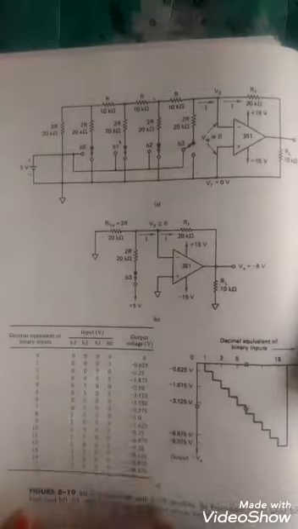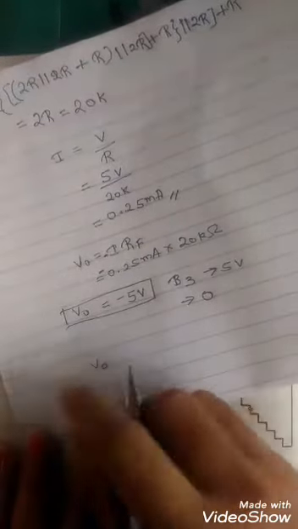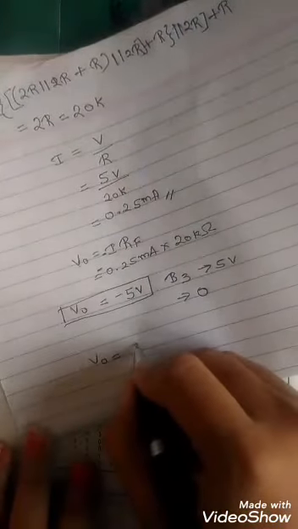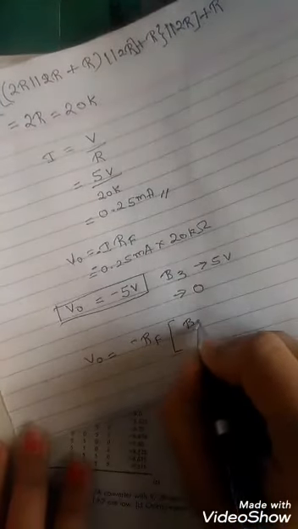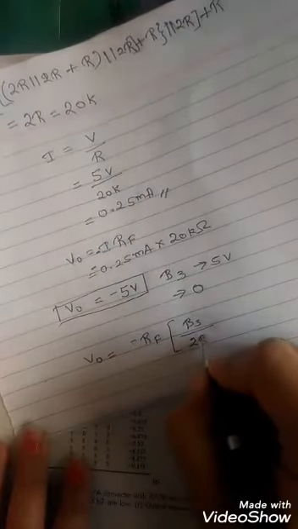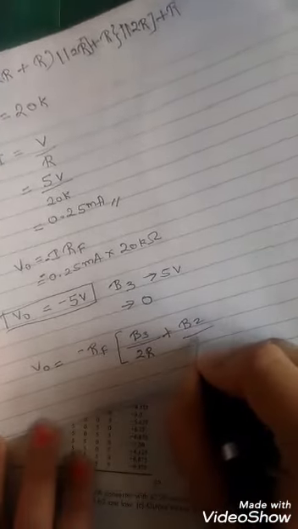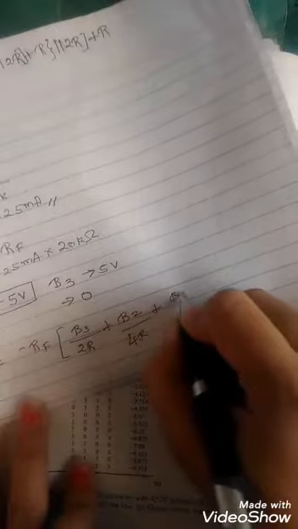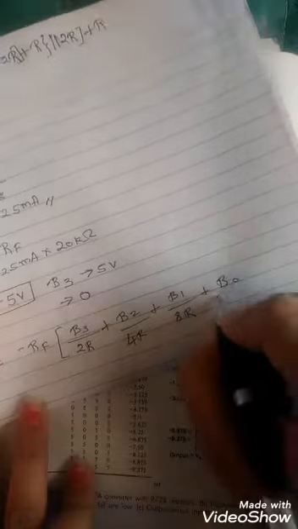At the last, what I can do is the output voltage formula for the whole circuit that we have discussed can be written like minus Rf into bracket B3 divided by 2R, plus B2 divided by 4R plus B1 divided by 8R plus B0 divided by 16R.